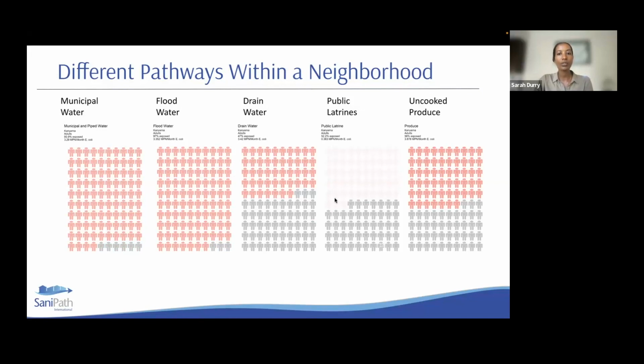And so we know that the dose of exposure to the dose of E. coli is relatively low compared to the other pathways. You can also see that drinking water and flood water have a much higher proportion of people exposed than produce or public latrines.